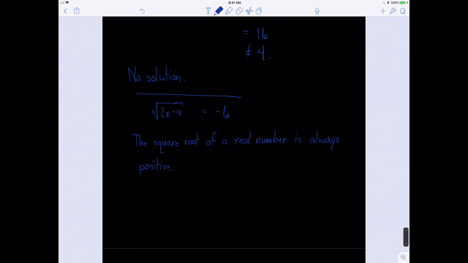So what that means is you can never take the square root of a number and get a negative. So at this point right here, logically, the problem is unsolvable.